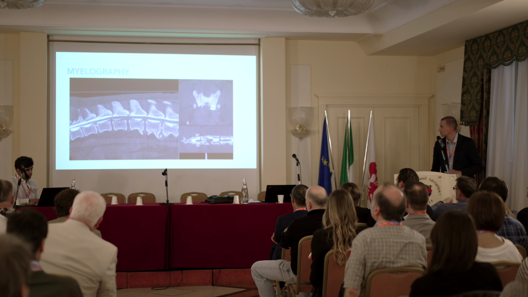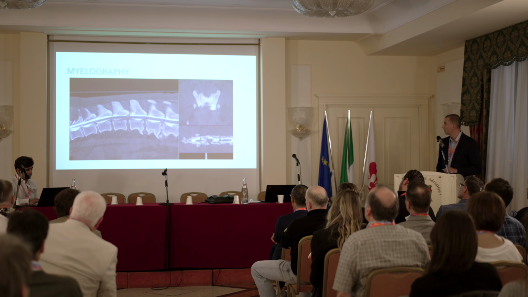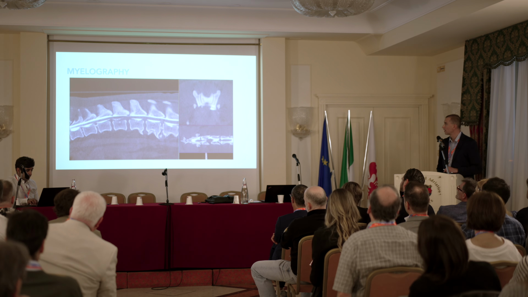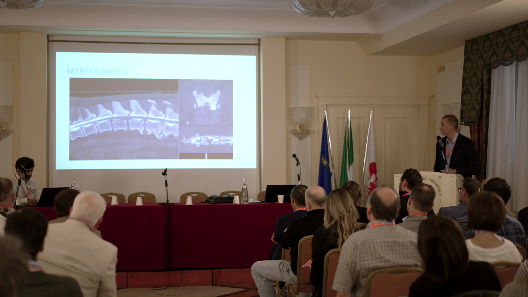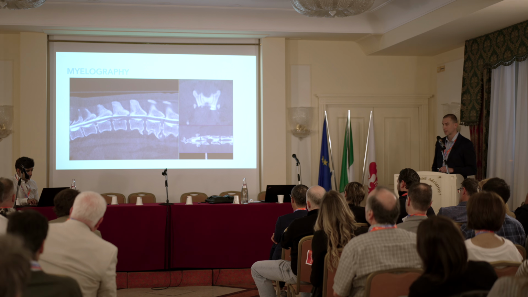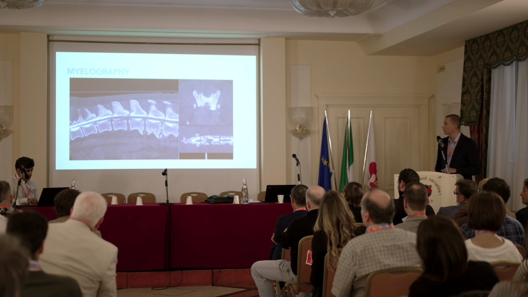And the third case of the myelo, it was a 10 or 11-year-old dog. You can see there is also some discospondylitis, but it wasn't the case of the problem.